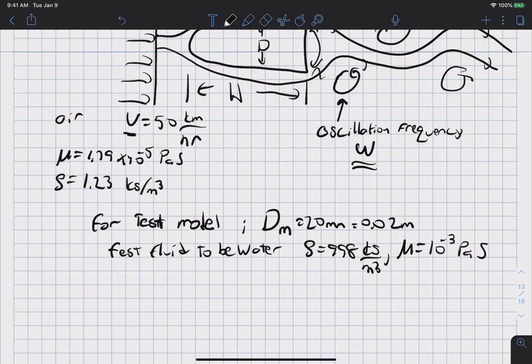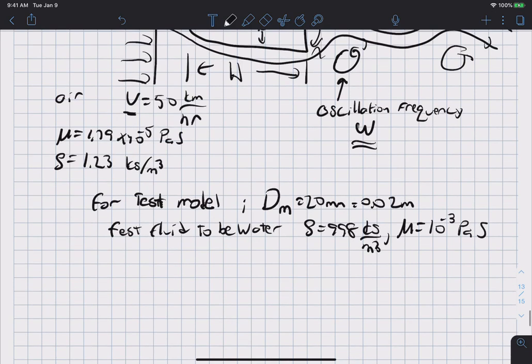Okay, and in this experiment, omega of the model is measured to be 49.9 hertz.